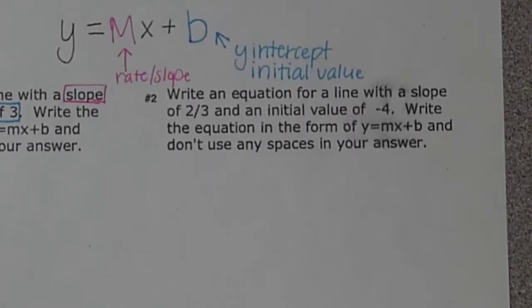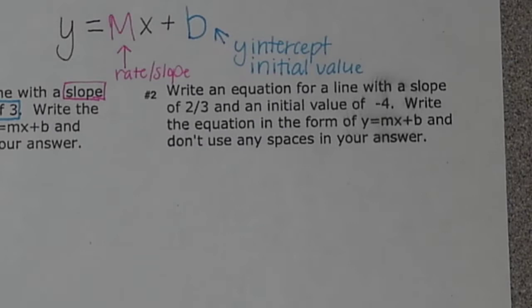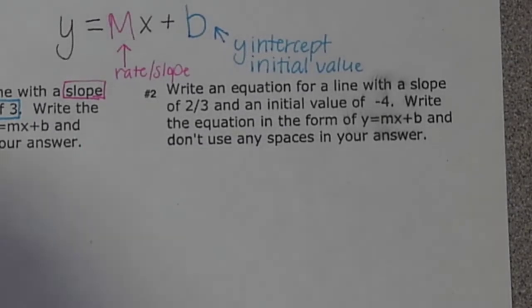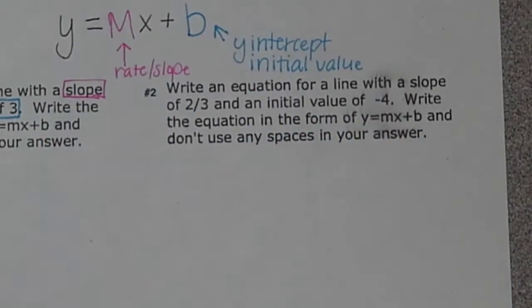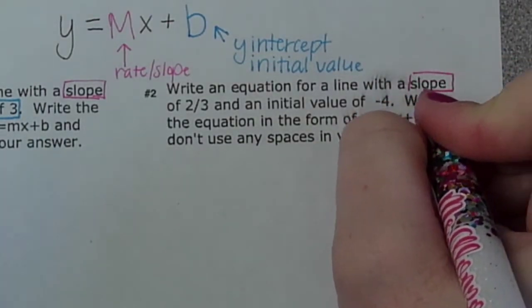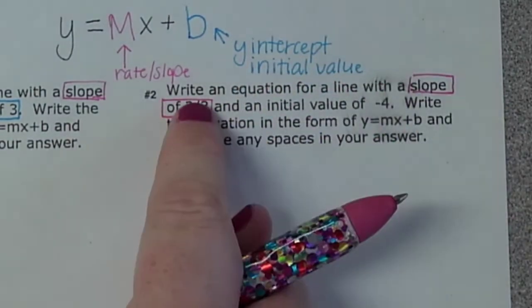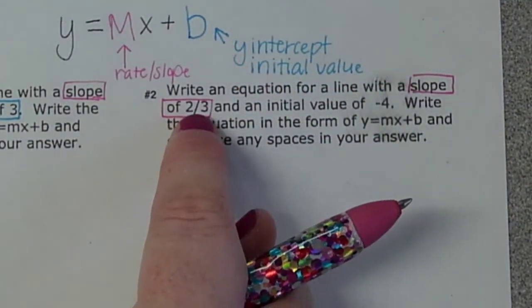All right, now let's do number 2. Write an equation for a line with a slope of 2/3 and an initial value of -4. I'm going to use the same color again, so if you're using colors, you can use the same color. So slope or rate of change is going to be 2/3.